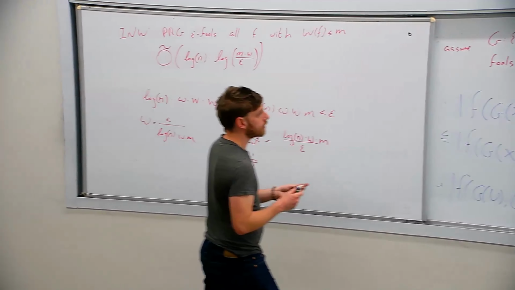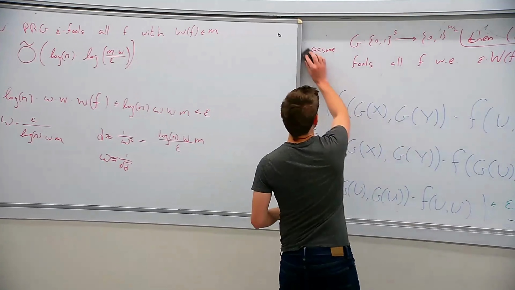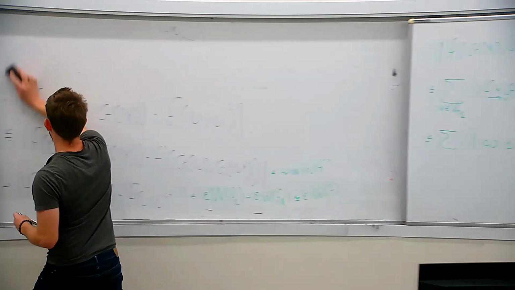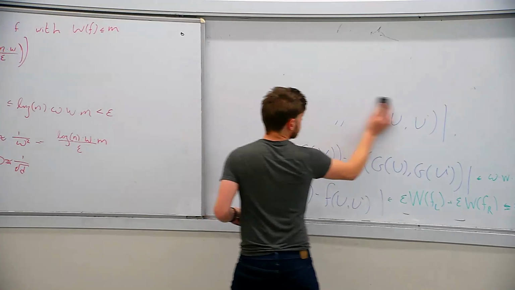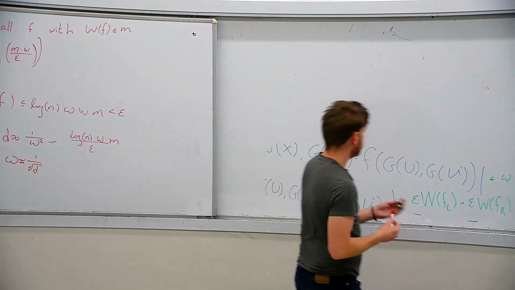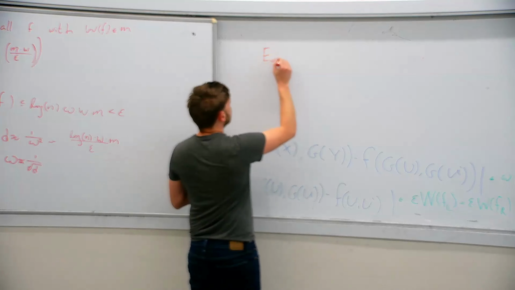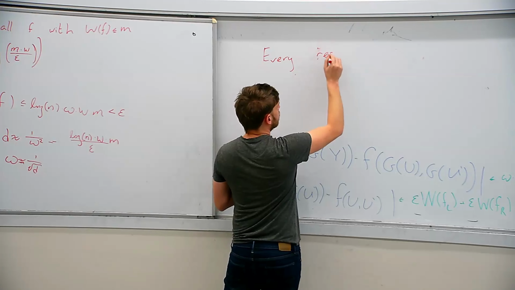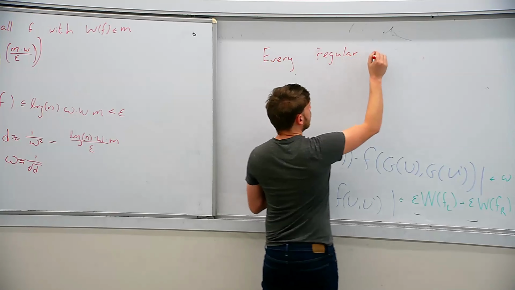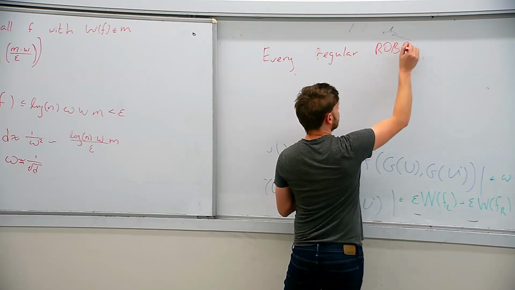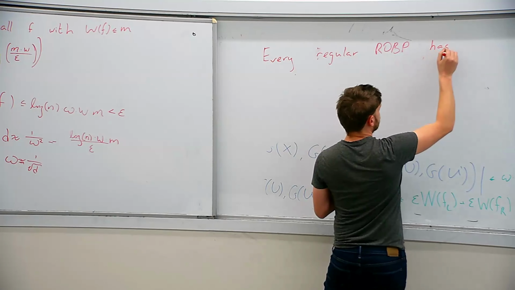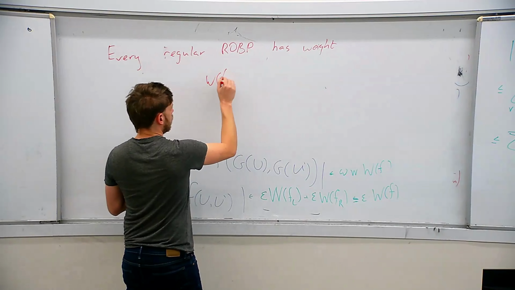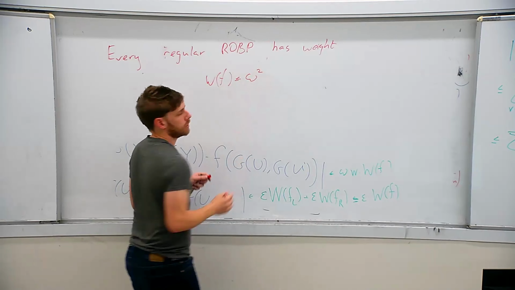So every regular ROBP has weight at most W squared.